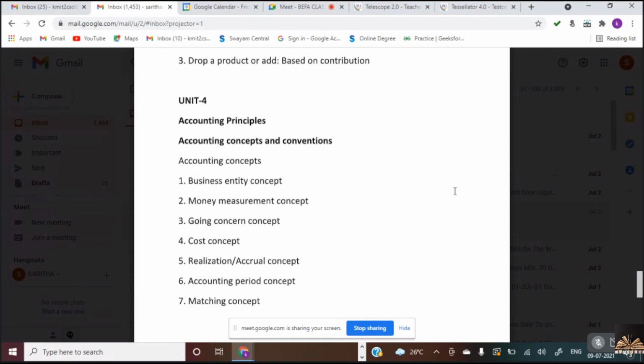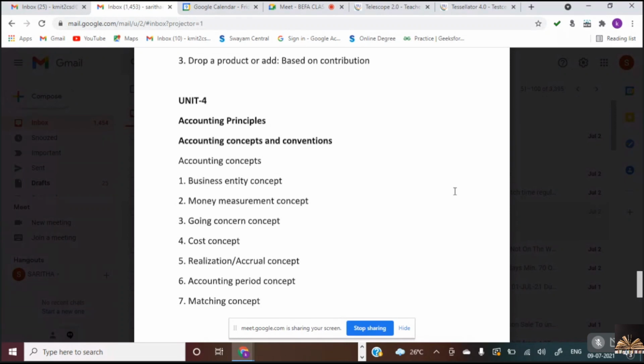Is it clear, Nana? This is known as accounting period concept. So what are the three types of accounting periods? That is financial year. Then the second one is calendar year. The third one is Diwali. Like this, there are three types of accounting periods.